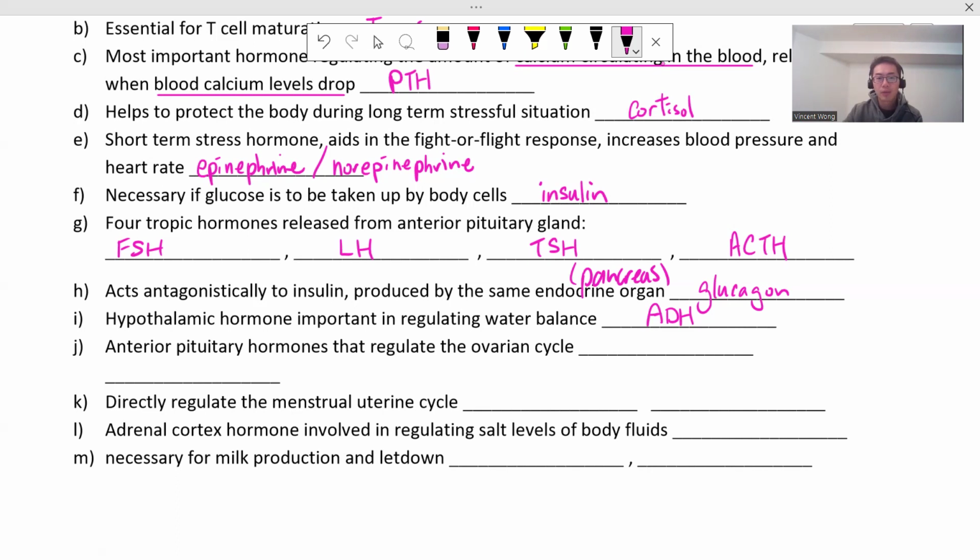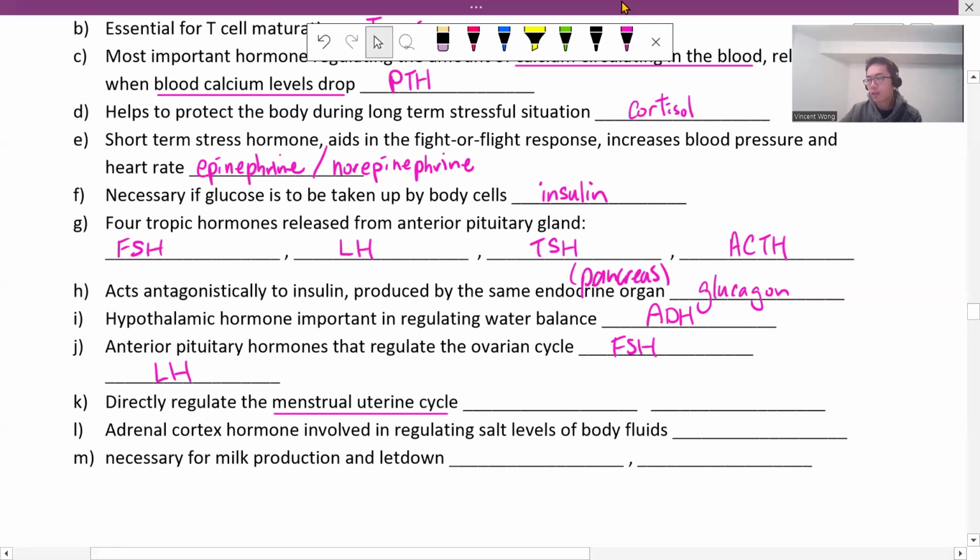Anterior pituitary hormones that regulate the ovarian cycle: FSH and LH. Next, hormones that directly regulate the menstrual uterine cycle. The uterine cycle is talking about the endometrium, the thickness of the endometrium. So which 2 hormones control the thickness of the endometrium?